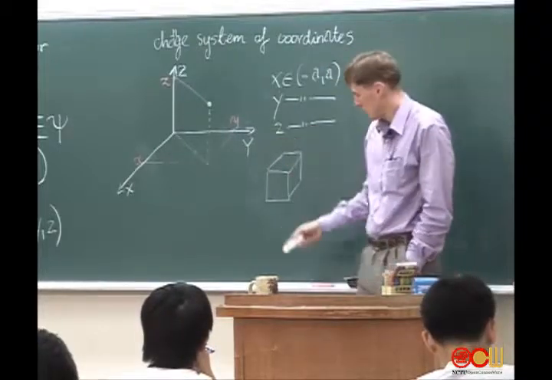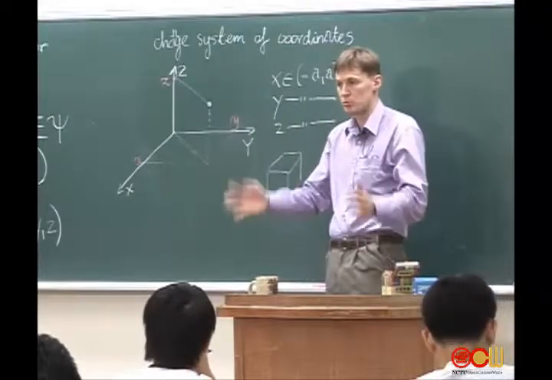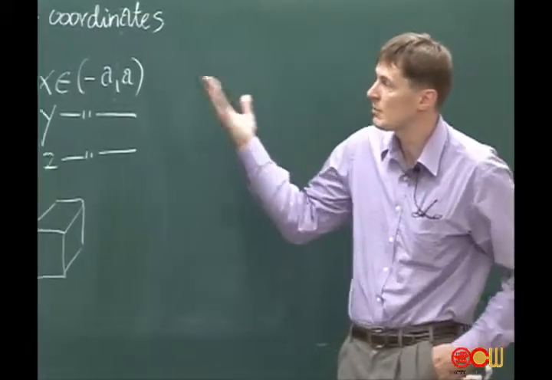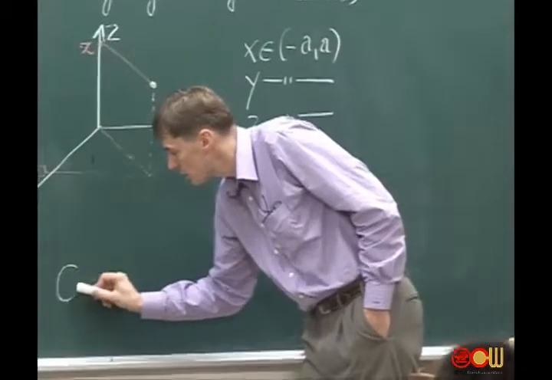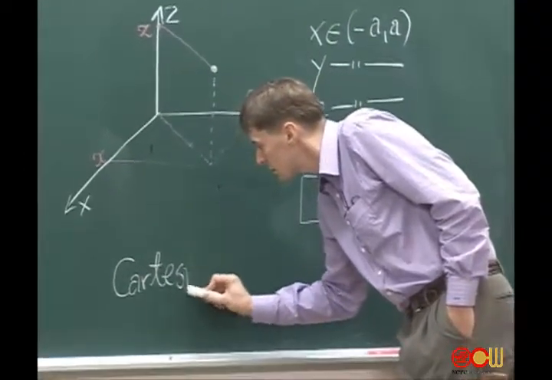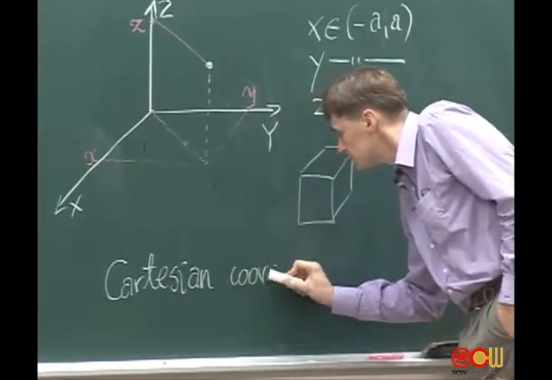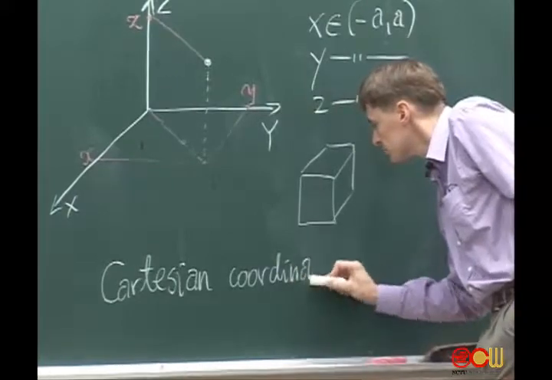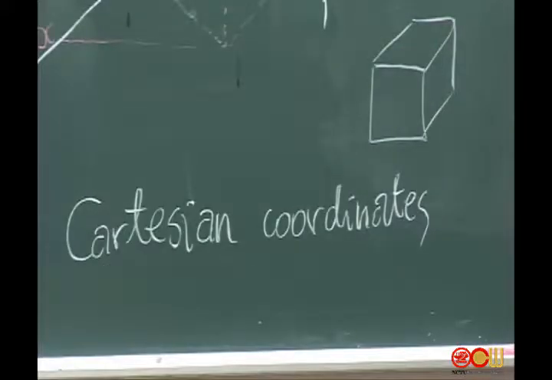But our atom is rather spherical. It's a ball. It's not a cube. This system of coordinates is called Cartesian coordinates, from the name of Cartesius, the guy who invented it.